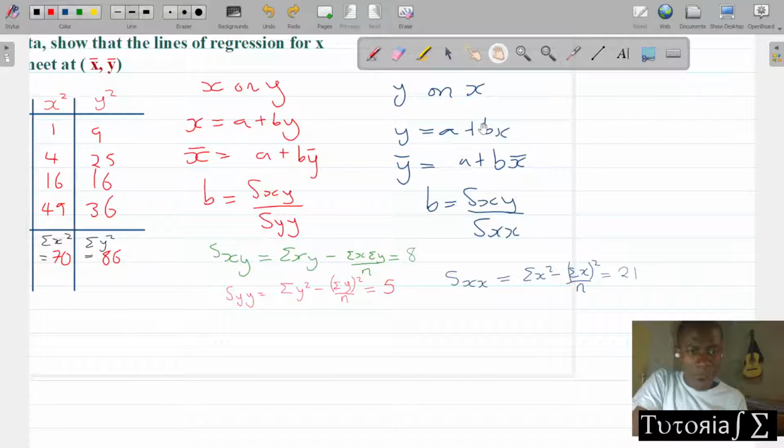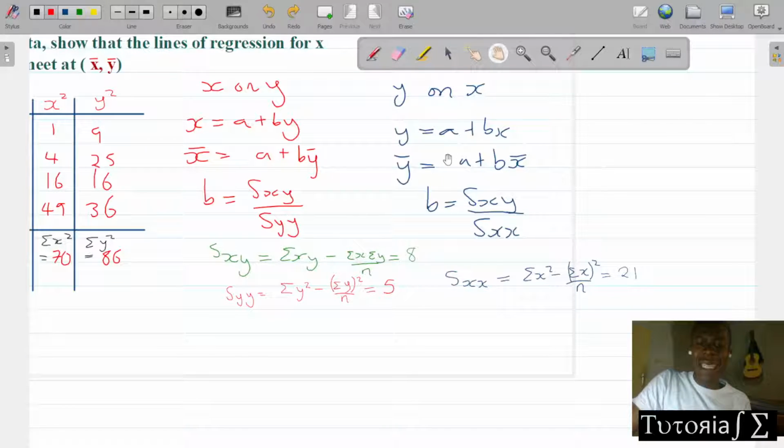Same applies here. To find a, you're going to use this equation right here, the estimate of the mean. Same applies here. I'm going to color code this: for x on y, I'm going to use red, and for y on x, I'm going to use blue, so that you can easily follow through.